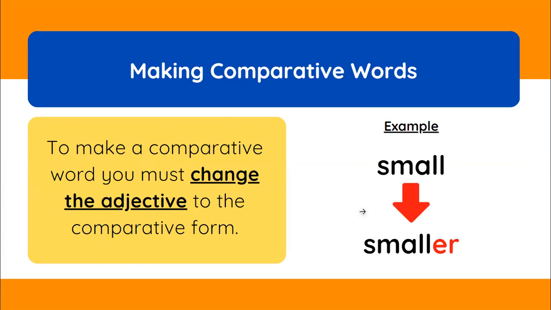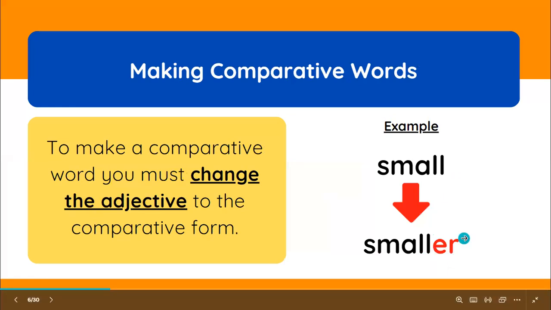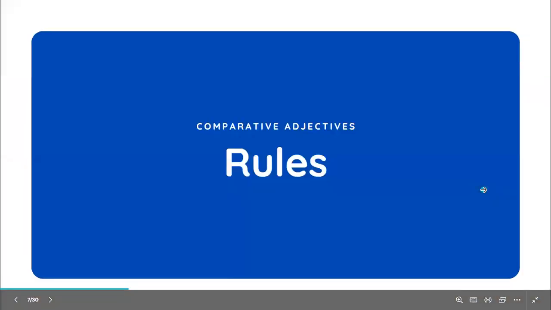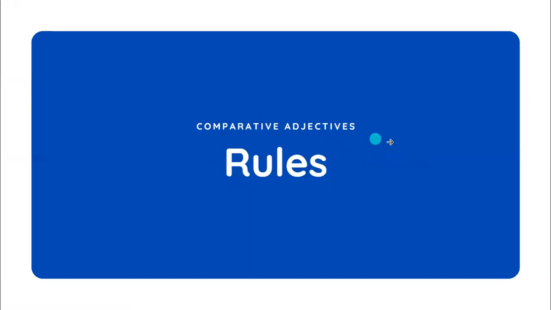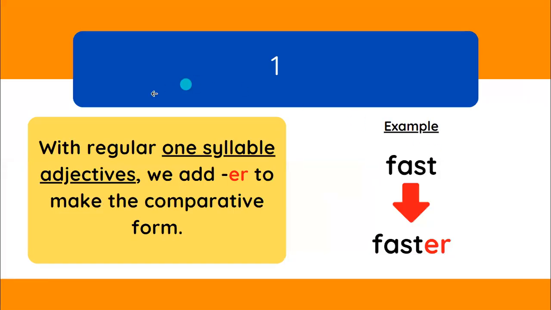Jamilet, help me please with this. To make a comparative word, you must change the adjective to the comparative form. Okay, good job. So do we say must or must? Must. Good job. Must change the adjective. So here we have the adjective and we add ER. We have some rules.